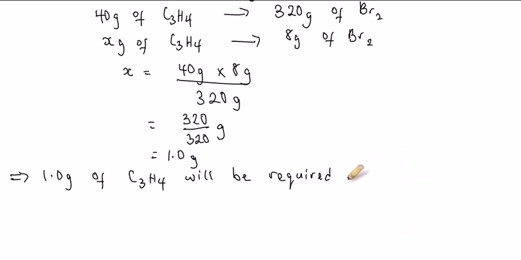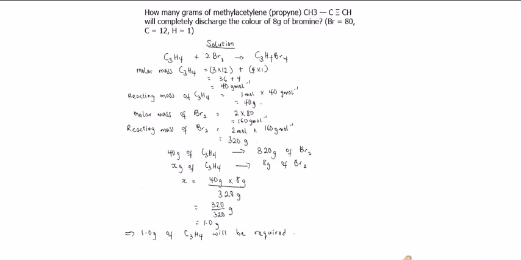And with this, we've come to the end of the solution to the question. From our calculation, we've gotten the mass of methylacetylene that will be required to be 1.0 grams.